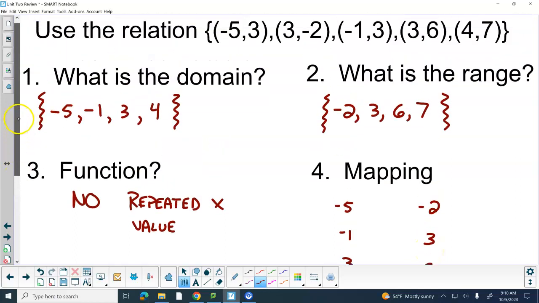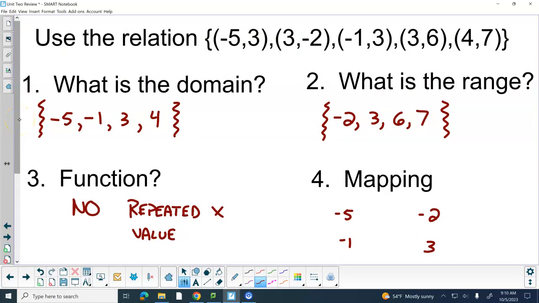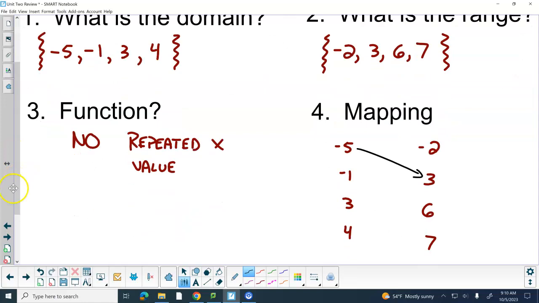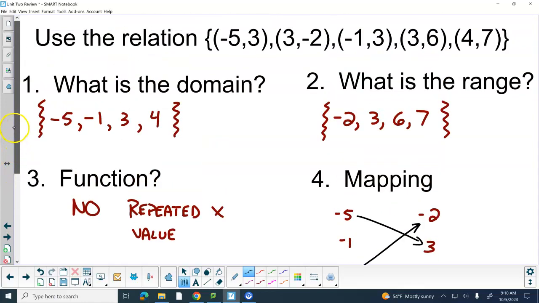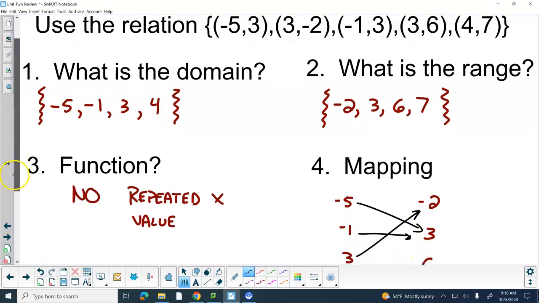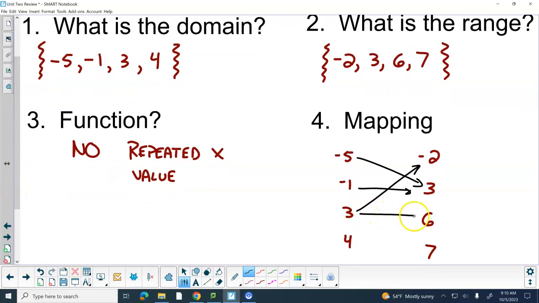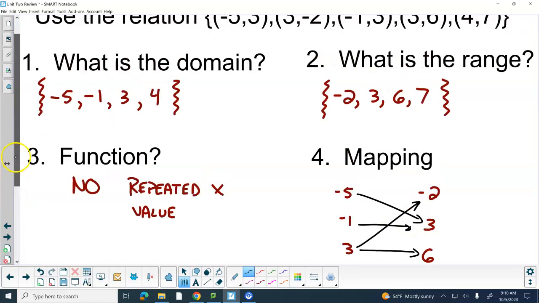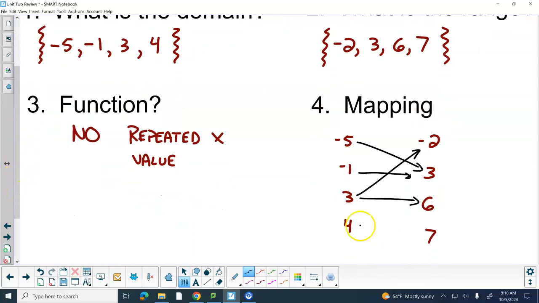So then we just have to draw a line. -5 goes to 3. 3 goes to -2. -1 goes to 3. 3 goes to 6. And 4 goes to 7, I'm guessing. And 4 goes to 6. Yes.